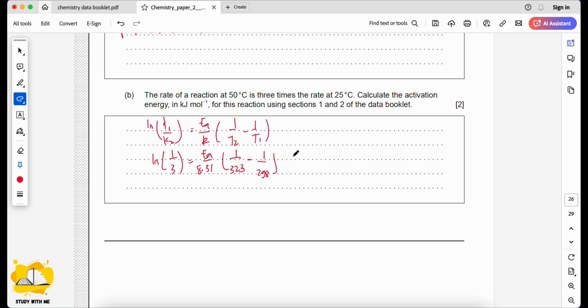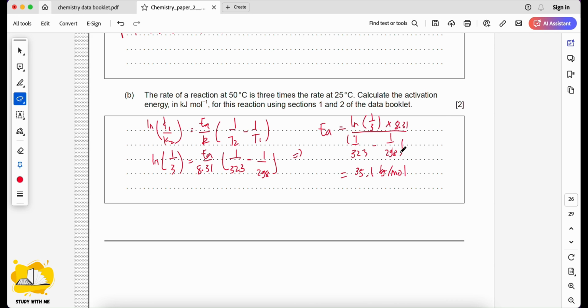We can rewrite the equation, and when you do the calculation, you will get 35.1 kilojoules per mole.